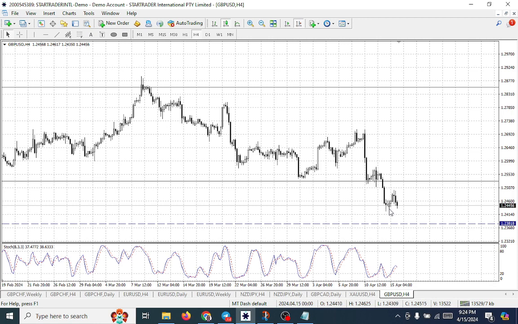Now after that the market paused and moved sideways, showing some reluctance or hesitation, with a rather weak attack by the bulls that suddenly pushed the market up.